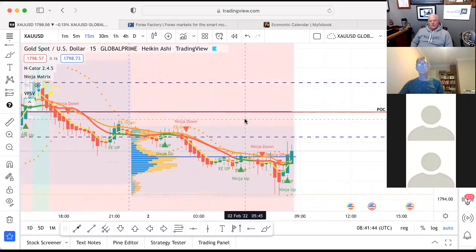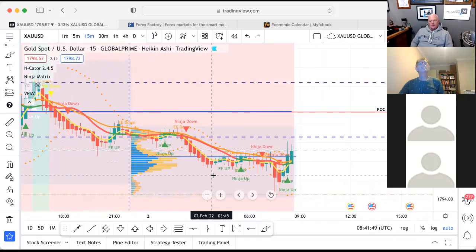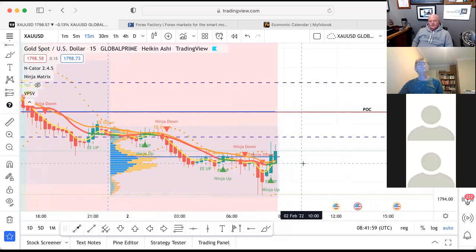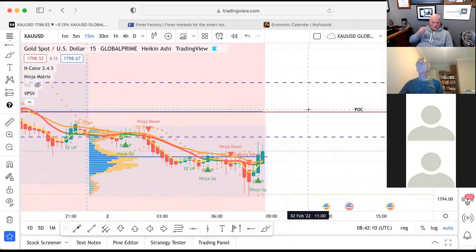So we're still in a downward trend according to the Ninja Matrix under Heikin Ashi, but we have got a Ninja up. So it's slightly contradictory at the minute, but it does look as if price is wanting to go back up and wanting to go back to the point of control. I suspect that's where it's going in the short term.